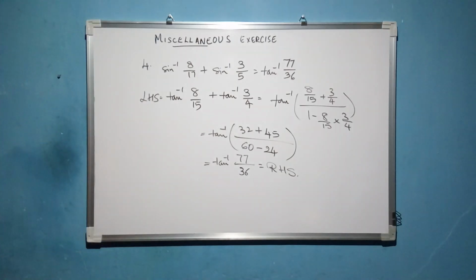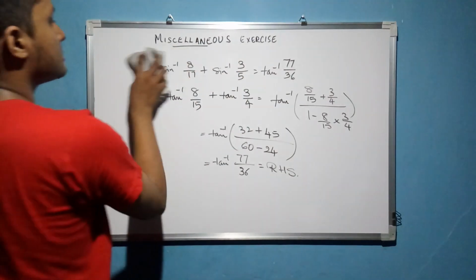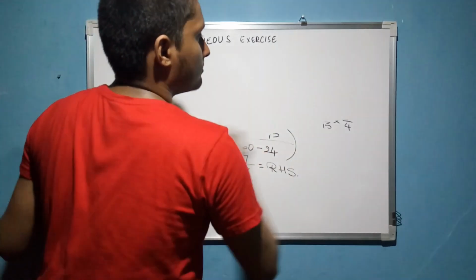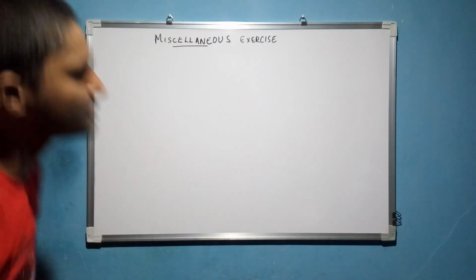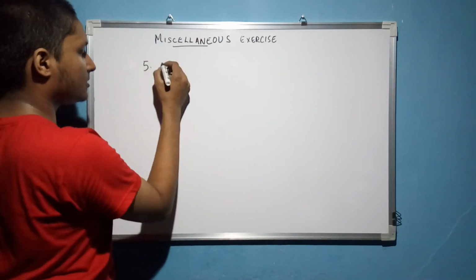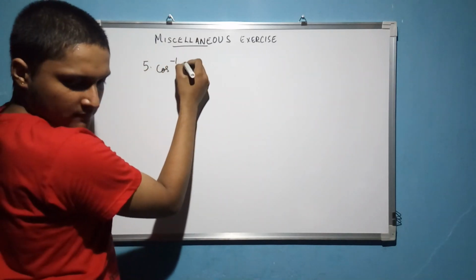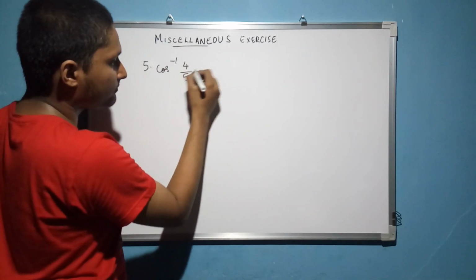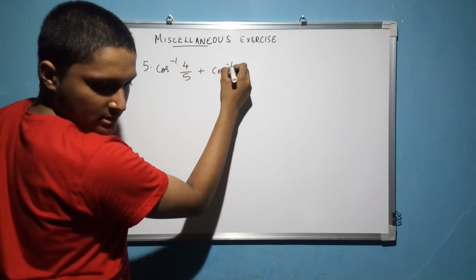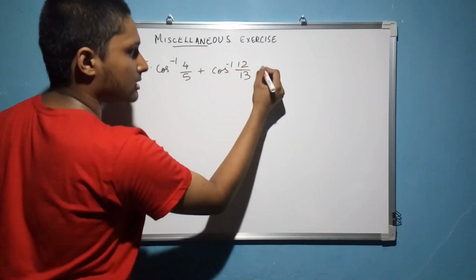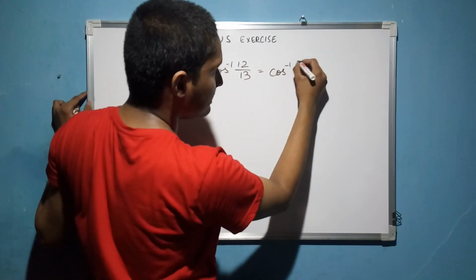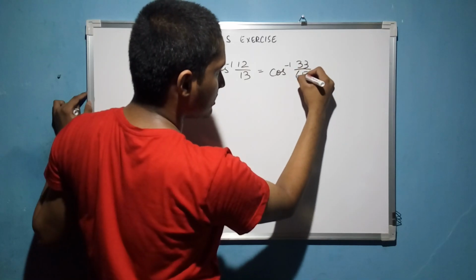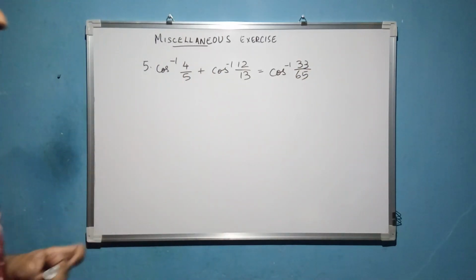Okay. Now we have the fifth question. Fifth question is cos inverse. So this is a different one, not like the previous ones. Cos inverse of 4 by 5 plus cos inverse of 12 by 13 should be equal to cos inverse of 33 by 65. 33 by 65, that was the thing.